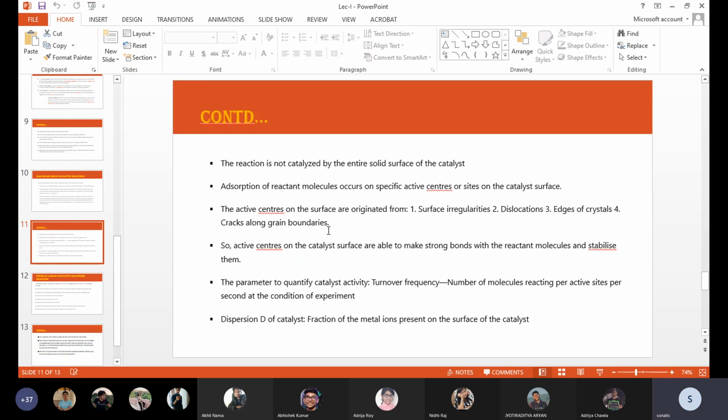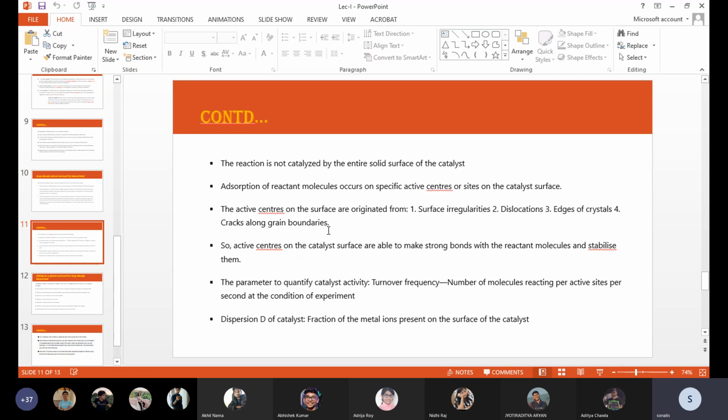And I have already said, if you can remember, that the more the surface area of a catalyst, usually the more active is that catalyst, because more surface area means more number of active centers, and hence the reaction will go faster, and also more amount of product will be formed. And hence we can say the solid catalyst is more active.